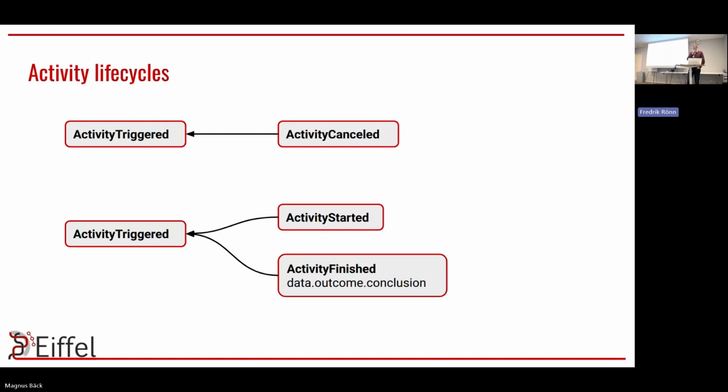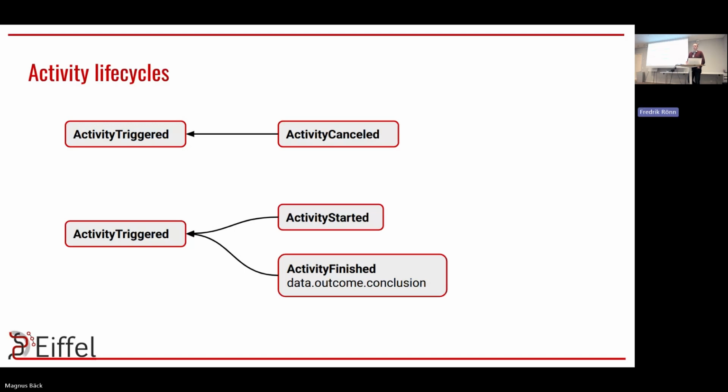Regarding activities, we have found a plot hole in the activity lifecycle. Activities can go in one of two ways. All activities are triggered, so there's always an activity triggered. If the activity never actually starts, for example because it's queued but for some reason taken out of the queue and interrupted, you would send an activity canceled.